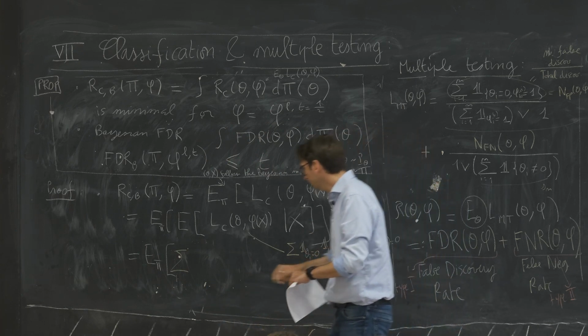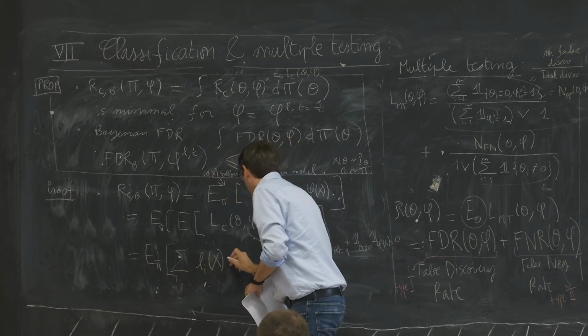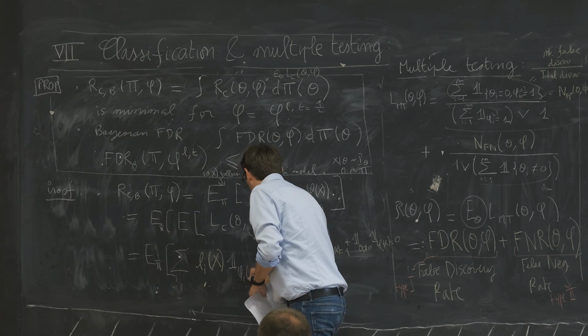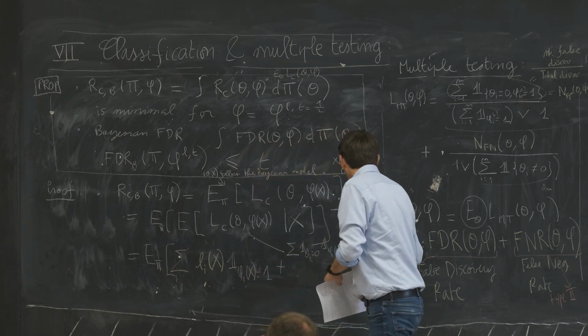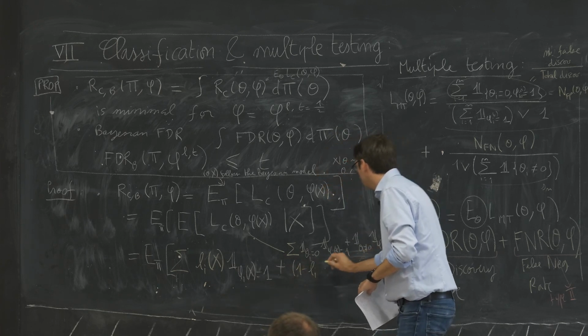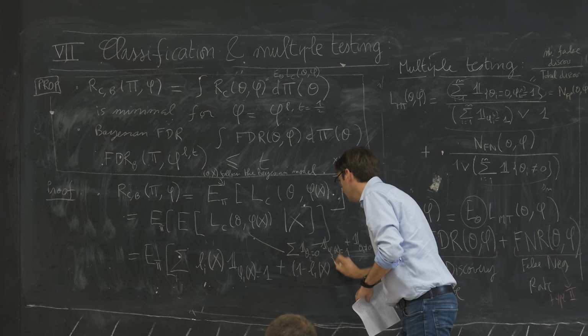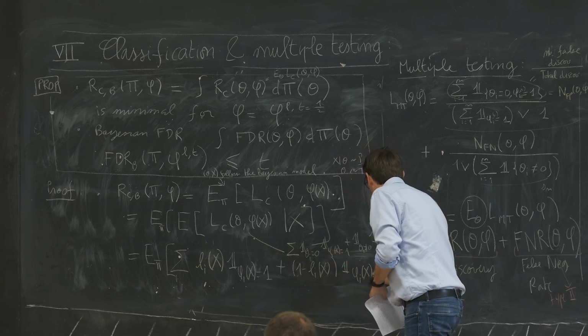This is just the L-value, L_i of x by definition. This doesn't change: phi_i of x equals 1, plus 1 minus the L-value, which is the posterior probability of being non-zero, times the indicator that phi_i of x is equal to 0.